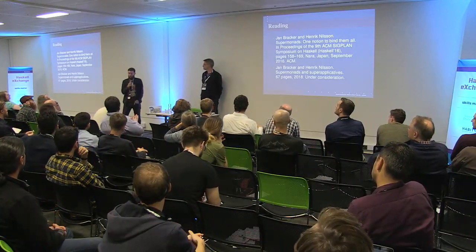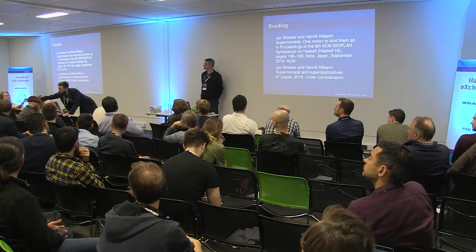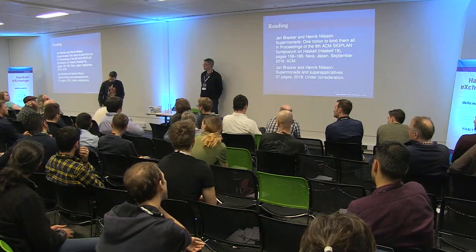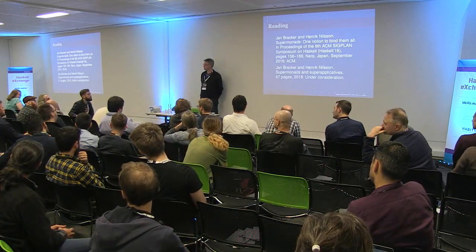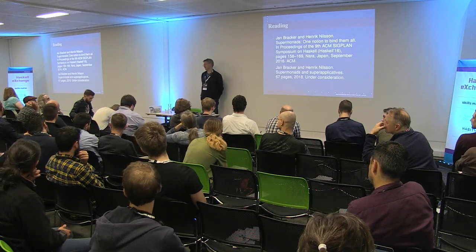Great. I think we've got plenty of time for questions. So Henrik, I was wondering if you could tell us a bit more about the type inference story, what your plugin does, because I think obviously, if you stand back and look at it, you'd prefer not to have class-specific inference rules if possible.